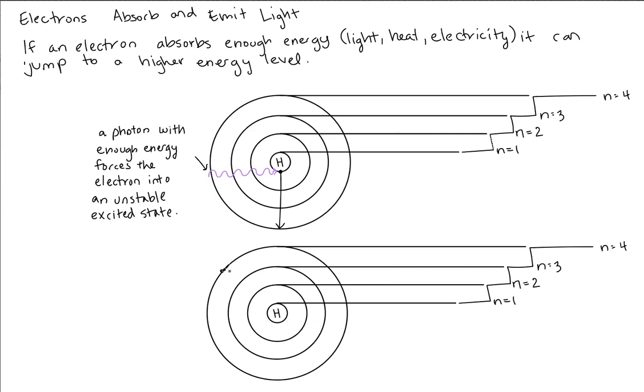Just like our bowling ball fell from the higher step to the lower step, now our electron is going to fall from a higher energy level back down to a lower energy level. And just so you know, it doesn't always have to fall all the way back down here in one go. Sometimes it might fall here first, and then later it might fall down again. But in this case, let's say it falls all the way back down in one go.